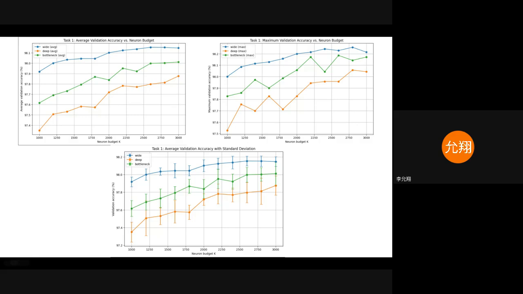So it allows us to examine both performance and stability. We can see that the wide architecture not only has the highest mean accuracy, but also relatively small error bars. So this indicates that it is more stable across different random initializations. In contrast, the deep architecture has lower accuracy and generally larger variance, which suggests that maybe it's hard to train consistently.